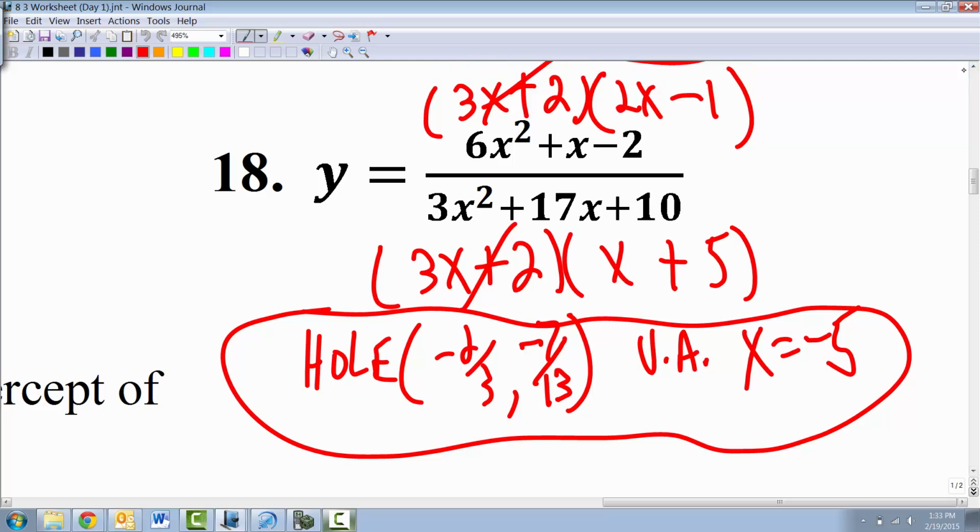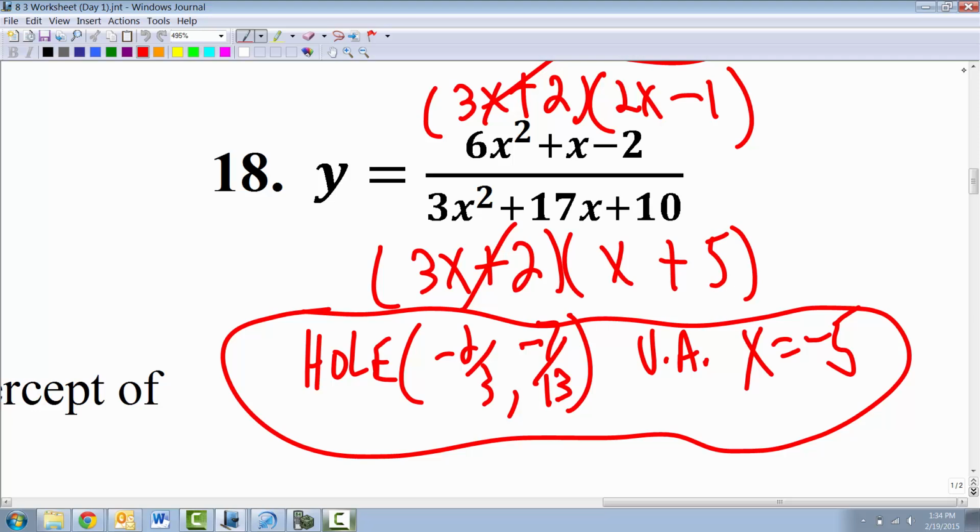So yesterday you would have said 3x plus 2 and x plus 5 both made vertical asymptotes. Wrong. The 3x plus 2's cancel. Now here's the idea. Negative 2/3 is still a naughty value in the original. Negative 2/3 when plugged into the original function gives you 0 over 0, which is what? 0 over 0. Still undefined.